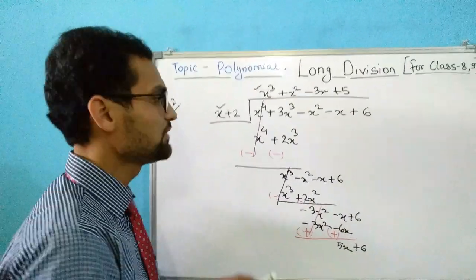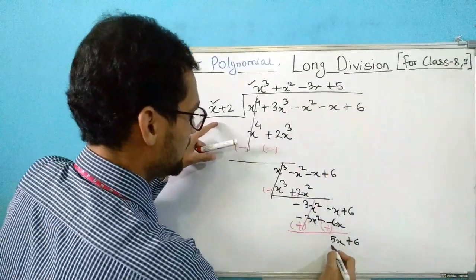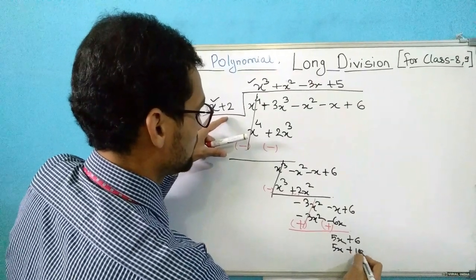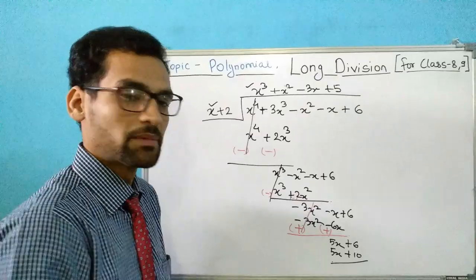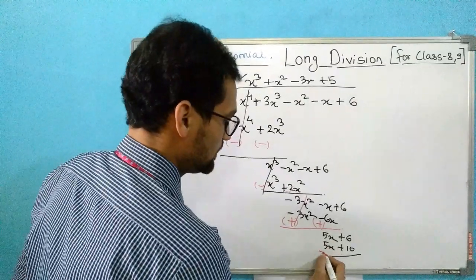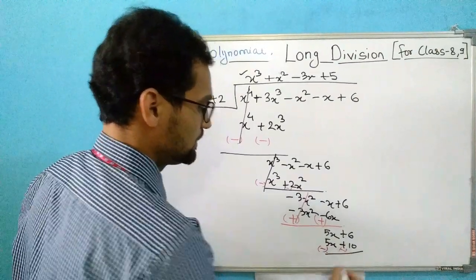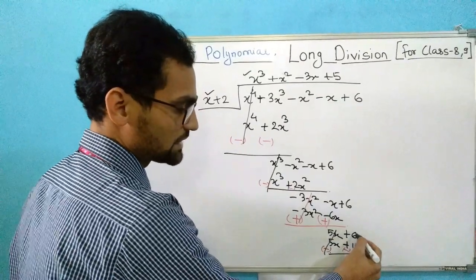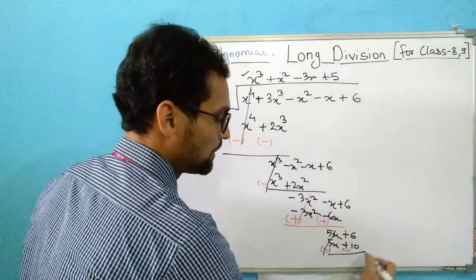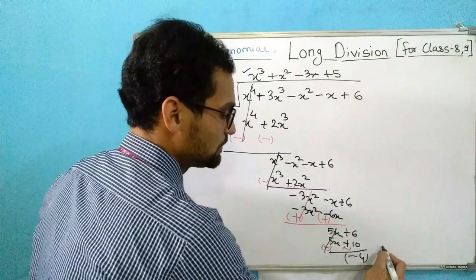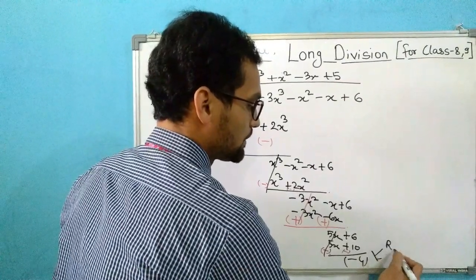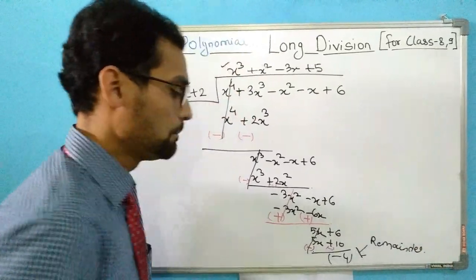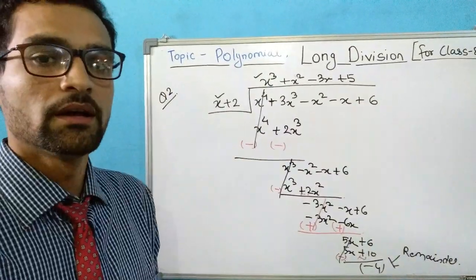If we take plus 5, this will be plus 5x and this will be plus 10. Okay, if we subtract it, this will be negative, this will also be negative. This will cancel out. Plus 6 minus 10 is minus 4. So this will be our remainder. Okay, minus 4 will be our remainder.